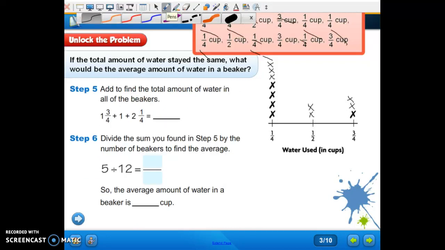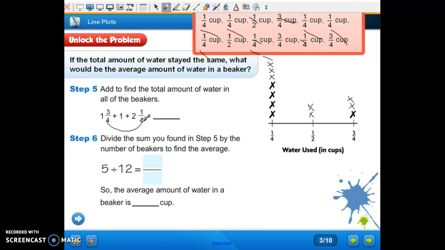All right, moving on to step 5. It says add to find the total amount of water. Remember when we did our 1/4, we had 1 3/4 cups. When we did our half cups, we had 1 cup. And when we did our 3/4 cup, we have 2 and 1/4. I'm going to add my wholes. And the reason I'm going to add my wholes is because what is 3/4 plus 1/4? 4/4, right?